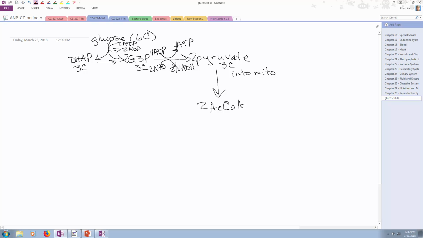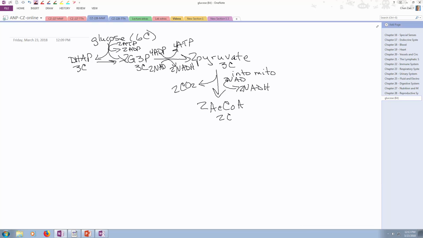But acetyl-CoA is 2 carbons. And so that means that little story I told you about whenever we get carbon dioxide, we always get NADH. So it's important that you actually put this into our equation too. So we're going to get CO2 in this process, and obviously that will be 2 for each pyruvate, and we will have NAD converted into NADH, and there will be 2 for each acetyl-CoA that we produce.